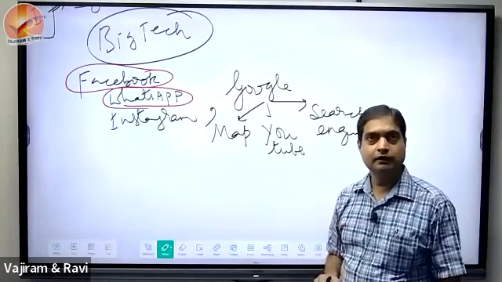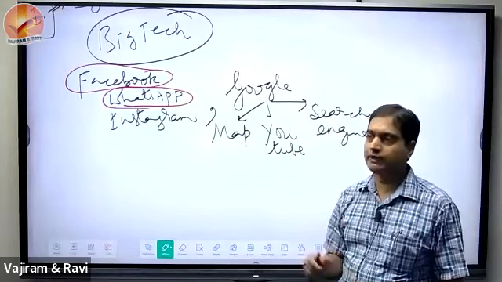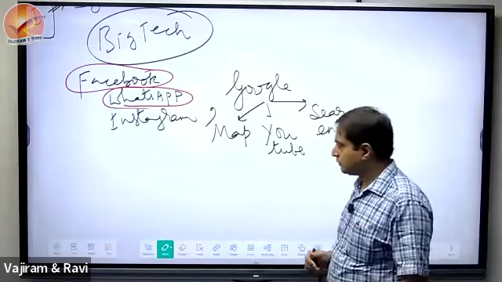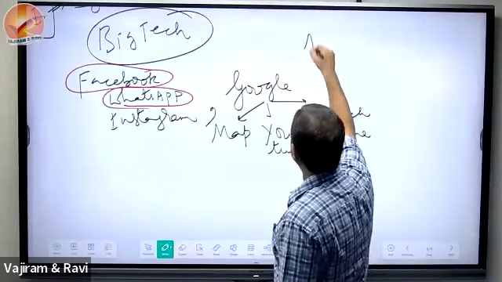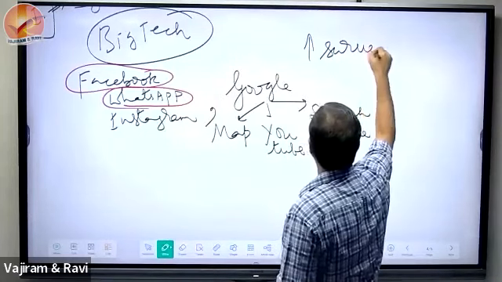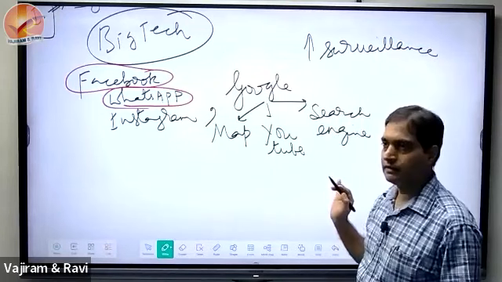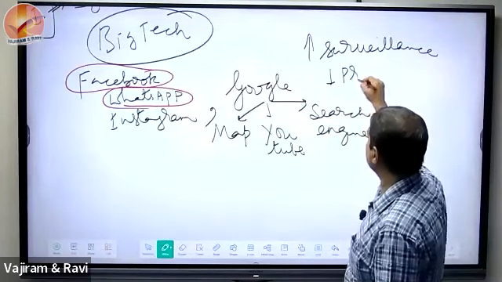All these are your personal data related to your privacy, recorded by Google, isn't it? So this indicates there is increased surveillance. We are under increased surveillance, which will automatically compromise your privacy.